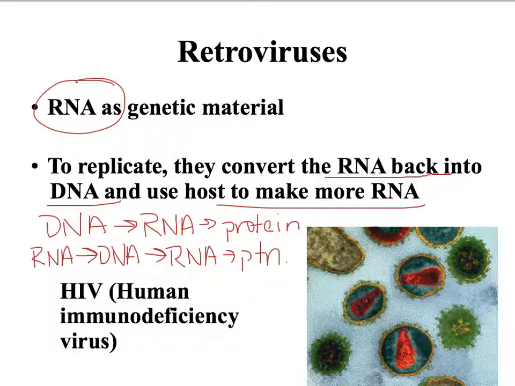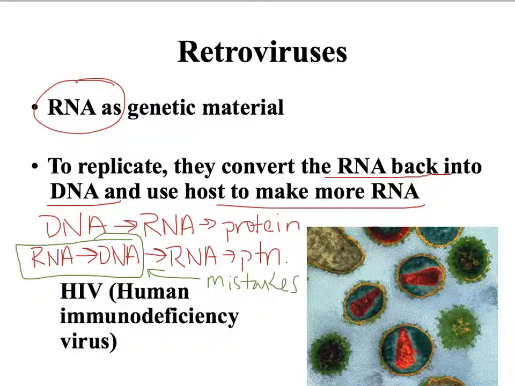So this step right here, this RNA to DNA, uses something called reverse transcriptase. And when that happens, this is where mistakes can be made, and we end up with the virus mutating.